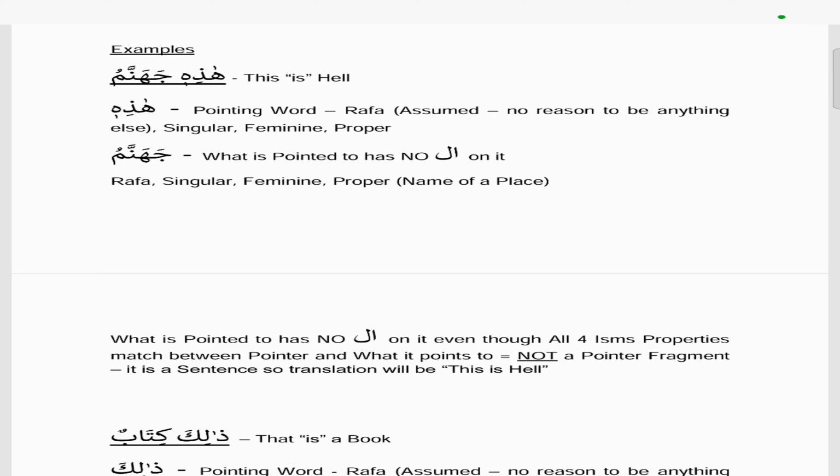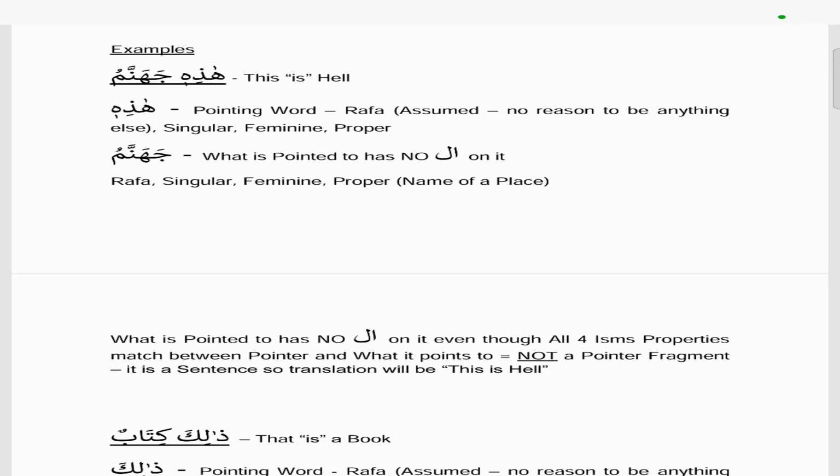So hazihi in rafa is hazihi, in nasab status is hazihi, and in jar status is still hazihi. But in this case, there's no reason for it to be nasab or jar, so we assume that it's rafa because that's always the default status. It's singular, it's feminine, and it's proper because pointing words are always proper.